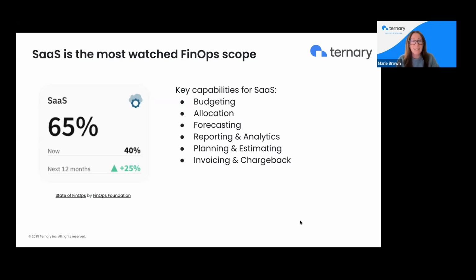Chances are they're logging into a handful of individual tools and stitching something together manually in spreadsheets. These are just a few of the capabilities that customers are really interested in exploring when it comes to SaaS costs. And as their trusted partner, you have the opportunity to help educate them on the nuances between SaaS pricing models. Some are licensing based and some are consumption based.